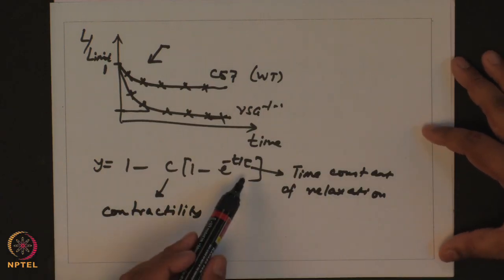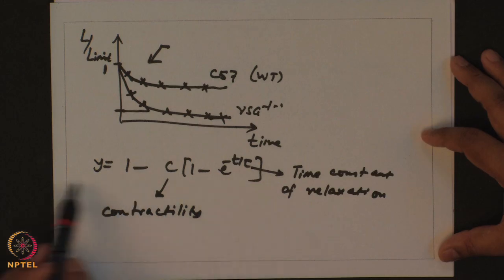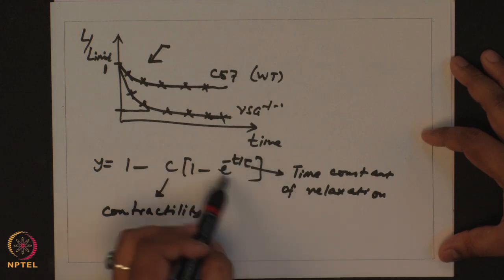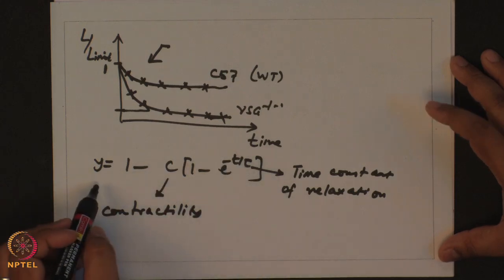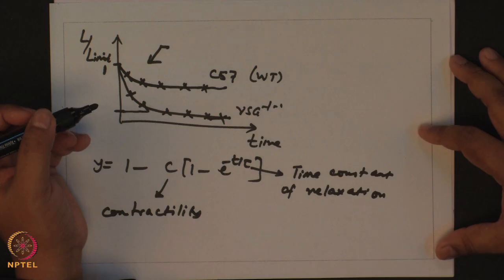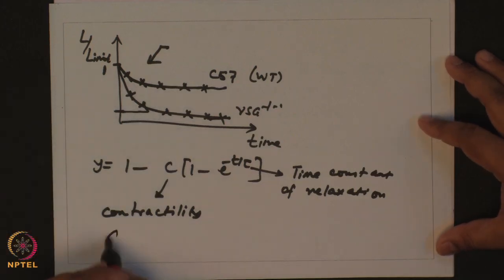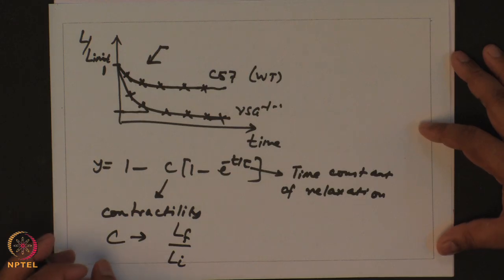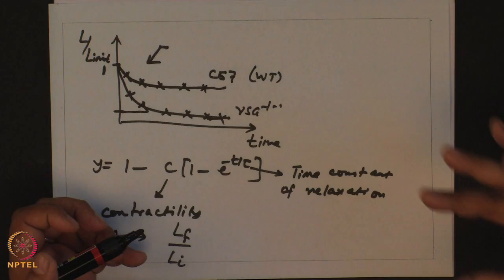Okay. So, as t tends to infinity, this value will give you a value of 0. So, 1 minus c is the value. In essence, c is nothing but the final ratio to the initial ratio. If you take the cell, L final by L initial is what is c. So, it gives an estimate of how much it contracts.